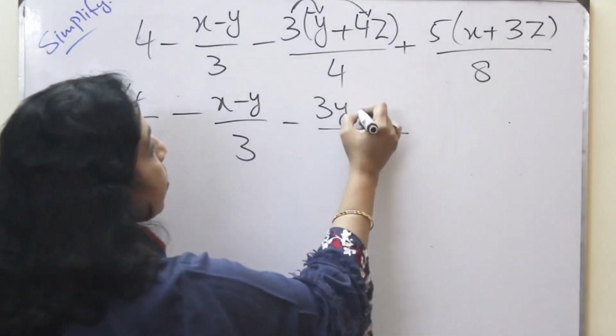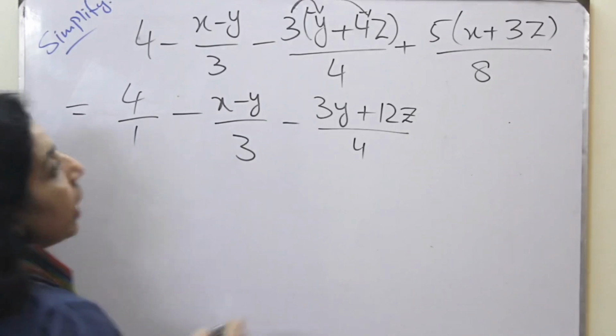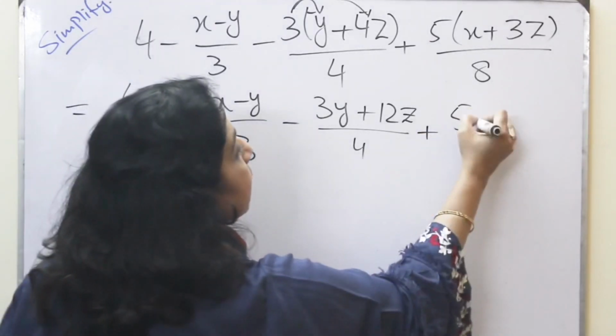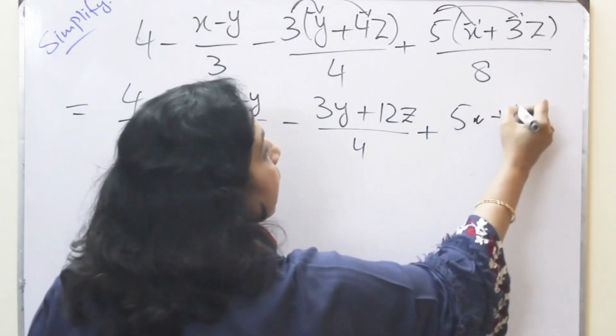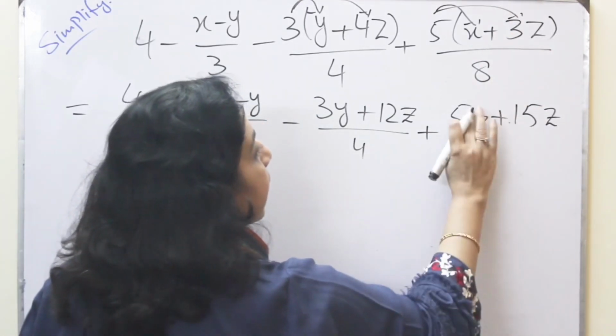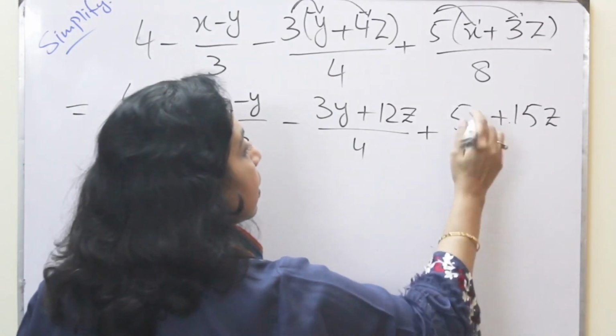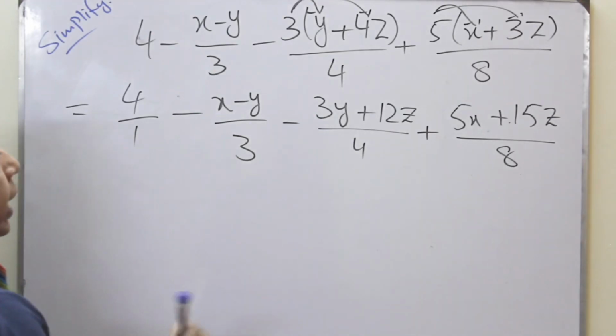3 4 times 12. It is positive 12z over 4. Then we have positive 5x, and then 5 3 times 15z over, and this is x, sorry, 8. So the LCM of 4, 3 and 8.